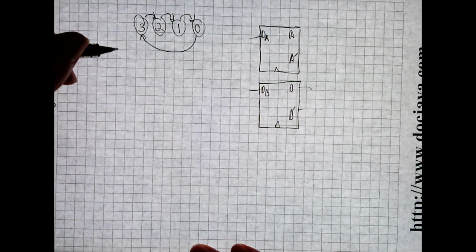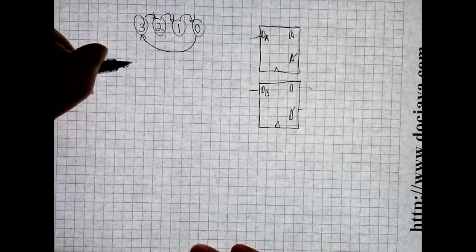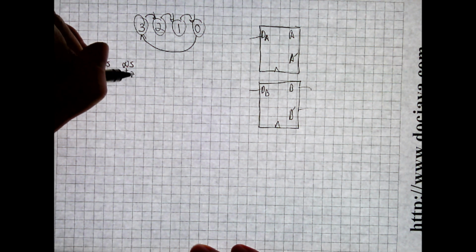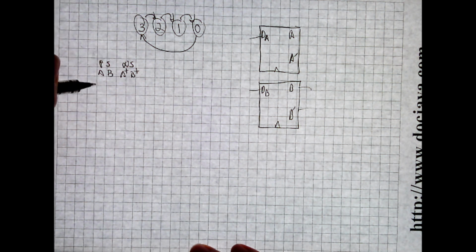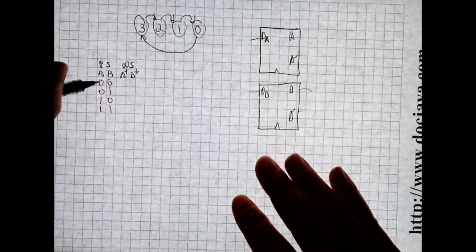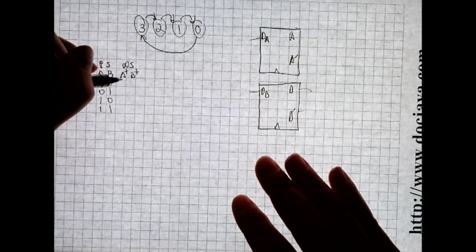So we start with the present state, next state diagram, A and B, A plus, B plus. And if we're in 0, our next state should be 3.